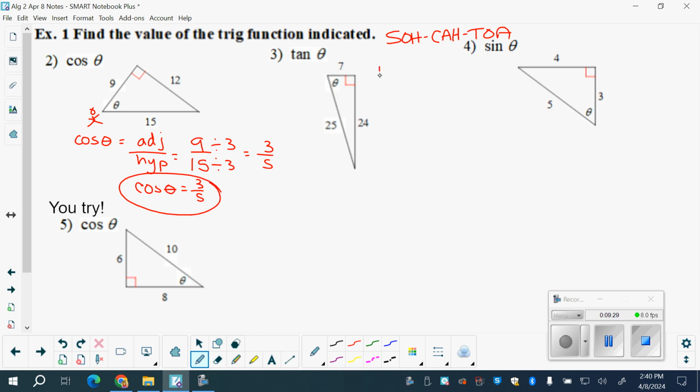So tan theta, according to this up here, is what over what? Lily, what would the tan be? Good.